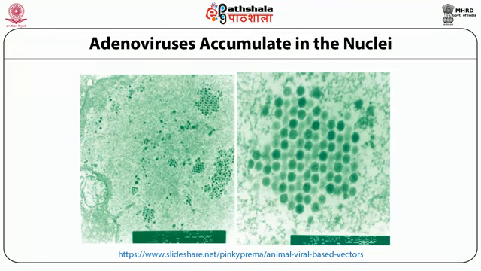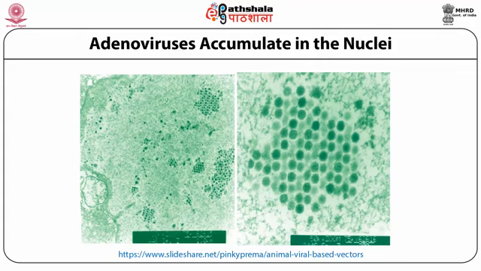You know that viruses have the property that they hijack the machinery of the host cell. So once they get entry into the host cell, they give signals, they give commands to the host cell machinery to stop functioning for itself and start working for the virus.